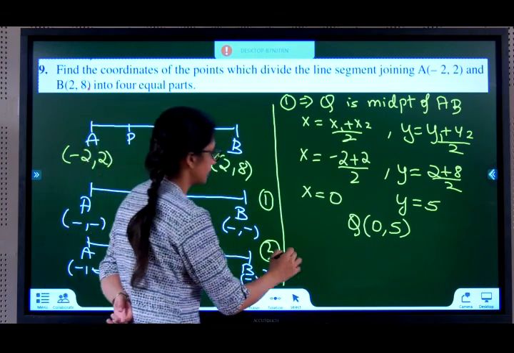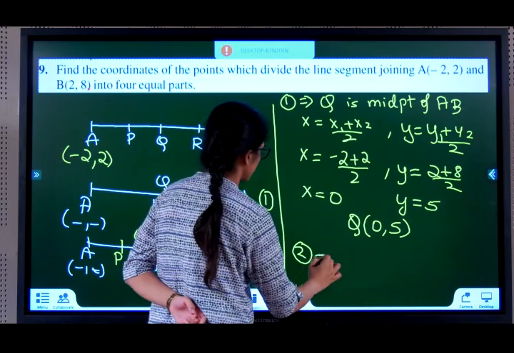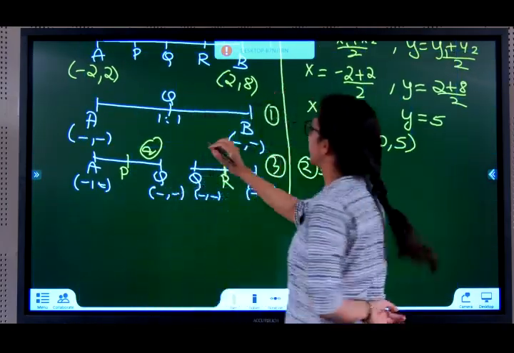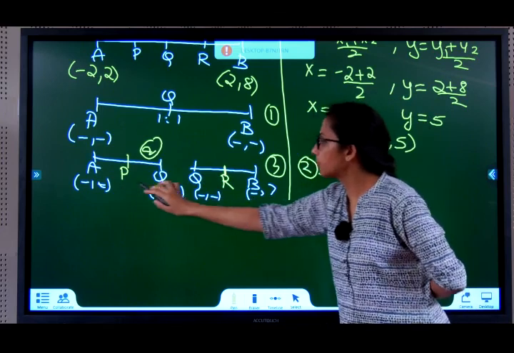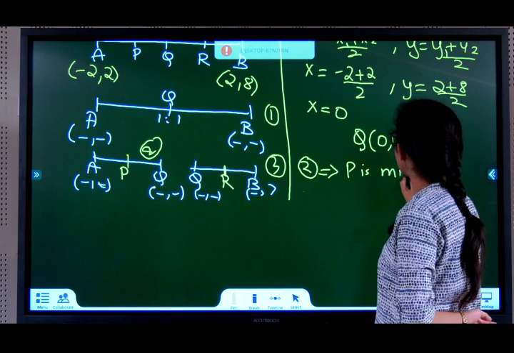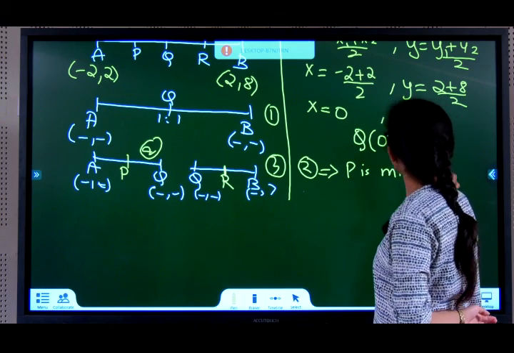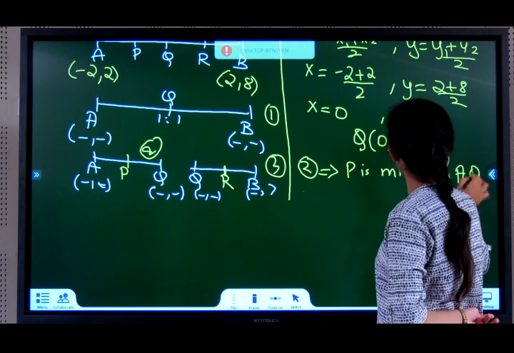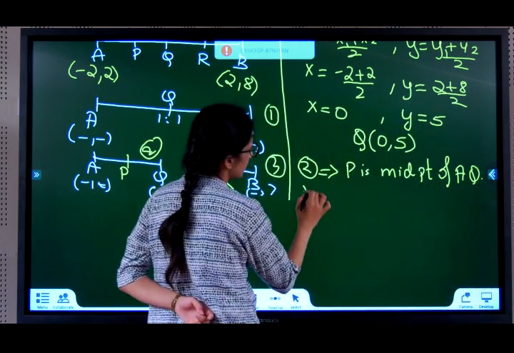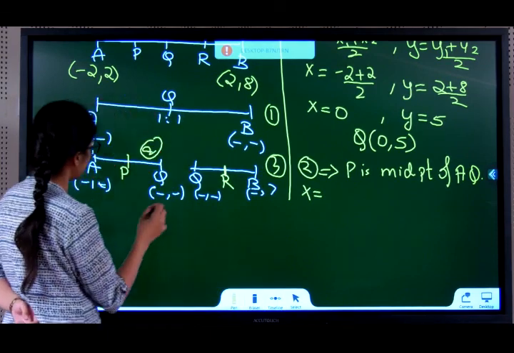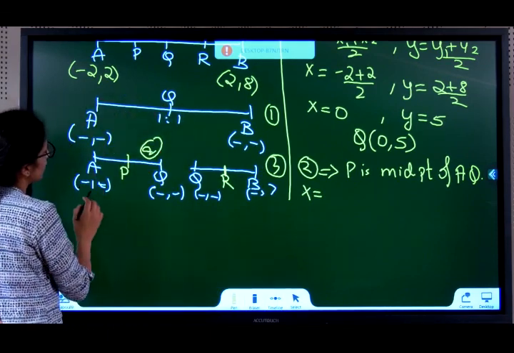Now, to do the second part: P is the midpoint of A and Q. Applying the same formula, x is equal to (x1 plus x2) by 2.